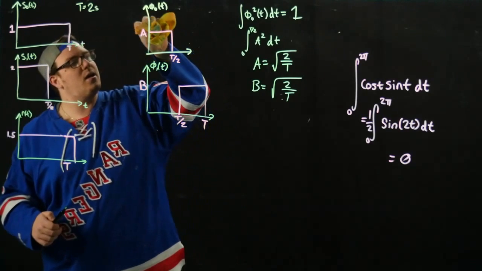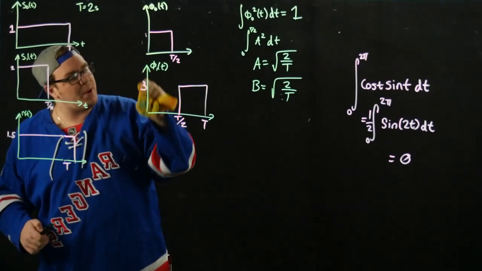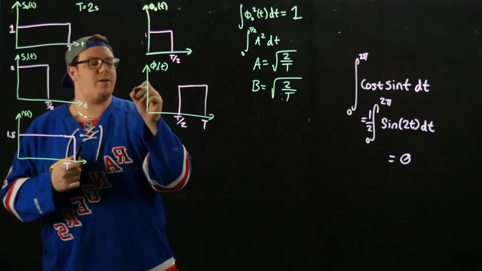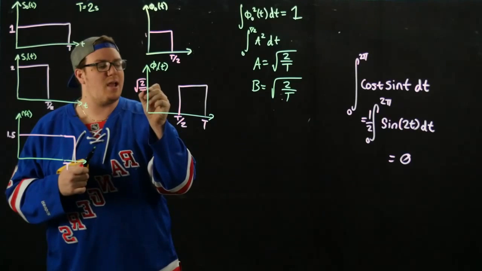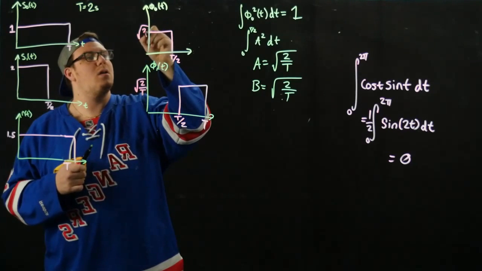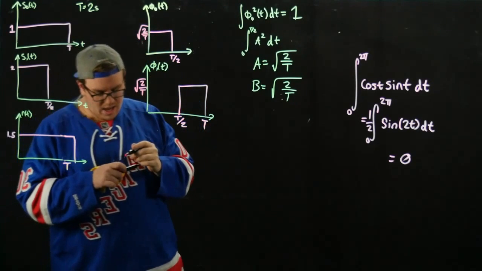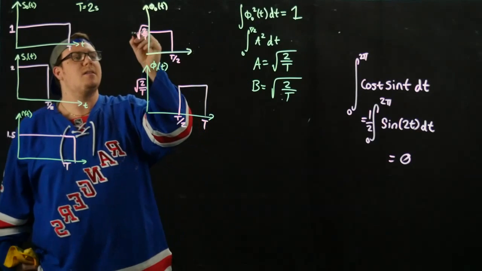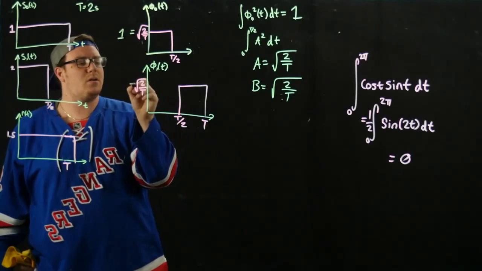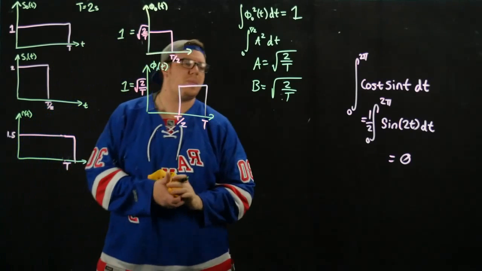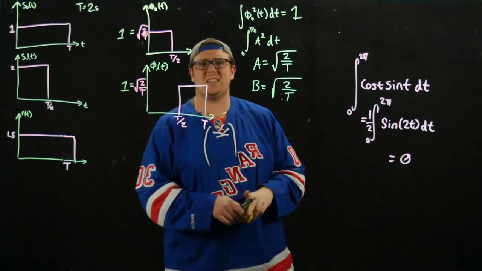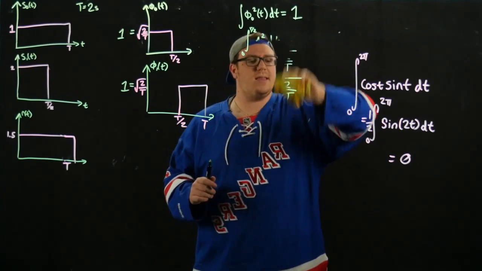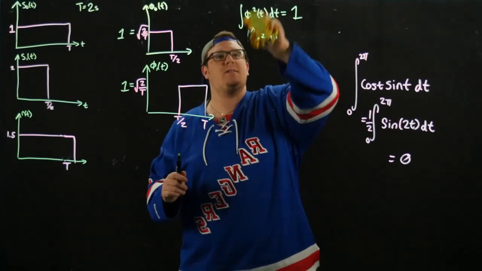We need a and b to both be of heights square root 2 over T. And in our case here, where T is 2 seconds, these are both equal to 1. Hope that made sense. We just had to make these normalized, which is what we did there by making them dot product to themselves.